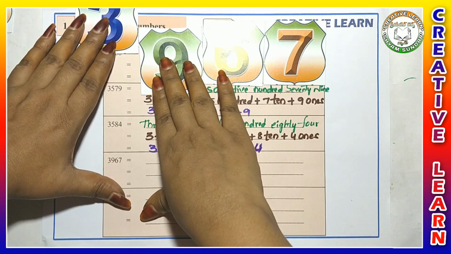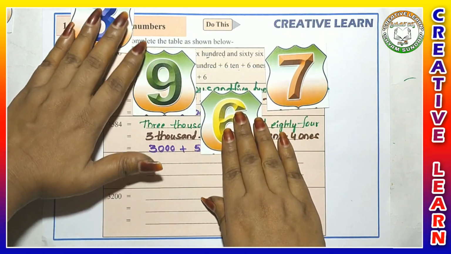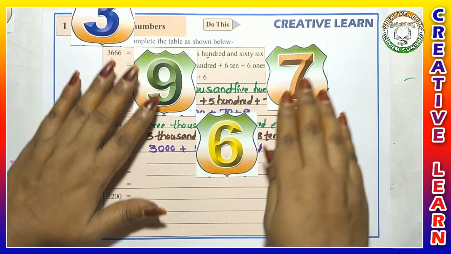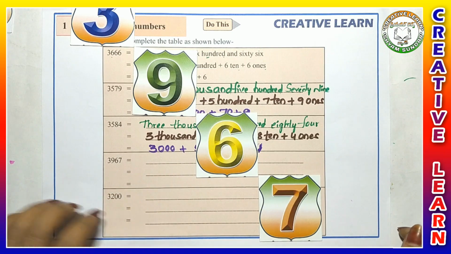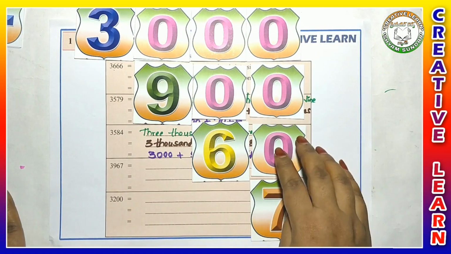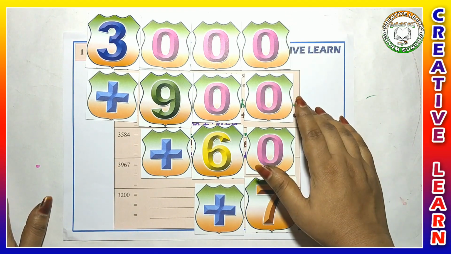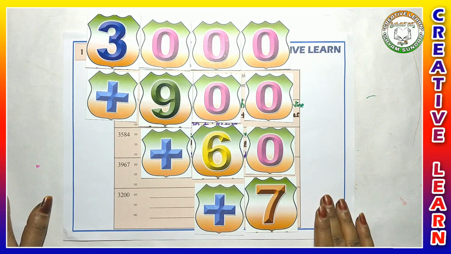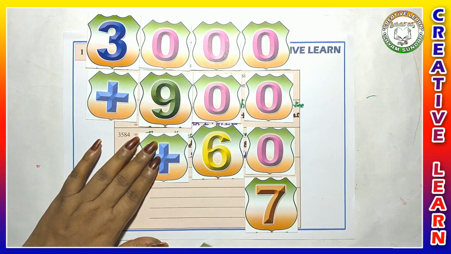How many hundreds? 9 hundreds. How many tens? 6 tens. And how many ones? 7 ones. Now let's write the expanded form. Okay, 3000 plus 900 plus 60 plus 7. This is the expanded form. Let's write the answer.